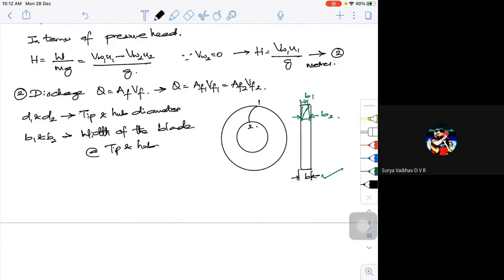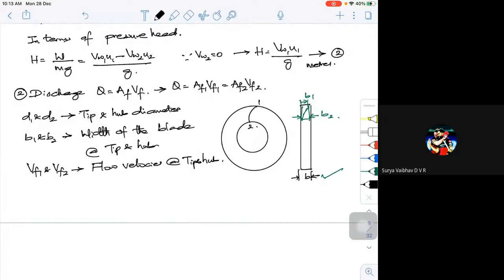Now, what are VF1 and VF2? They are the flow velocities at tip and hub respectively. If I know this, what will be my AF?